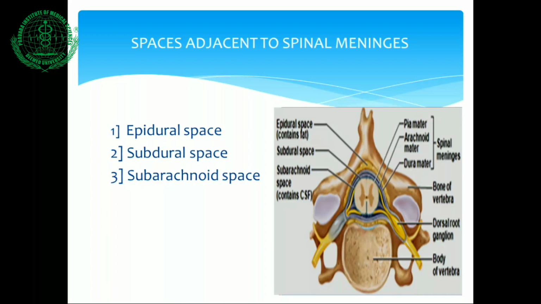Then after these 3 coverings of the spinal cord, the next content of the vertebral canal is the spaces present adjacent to these 3 meninges or coverings of the spinal cord. The 3 different spaces are the epidural space, subdural space and subarachnoid space.